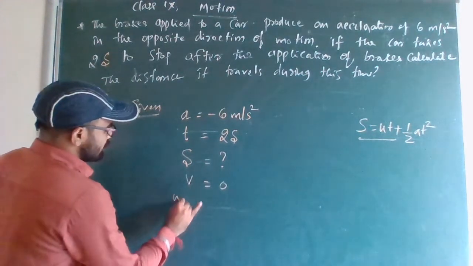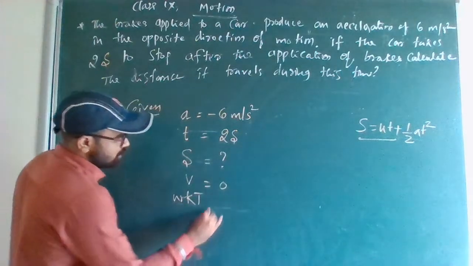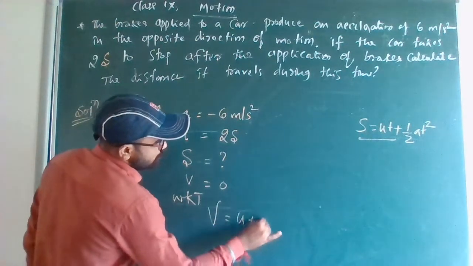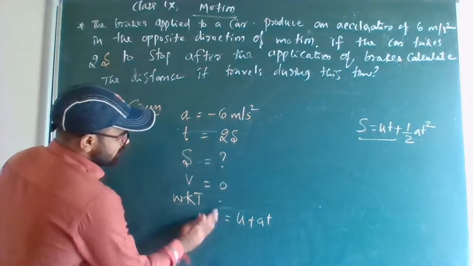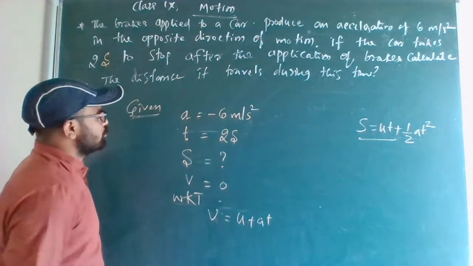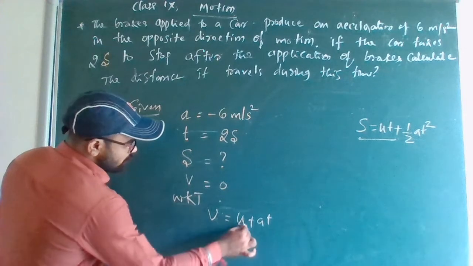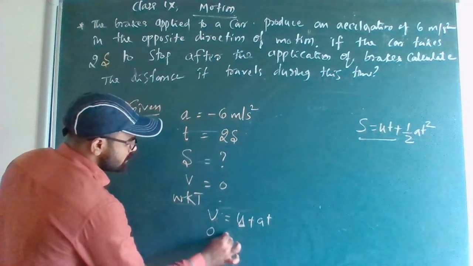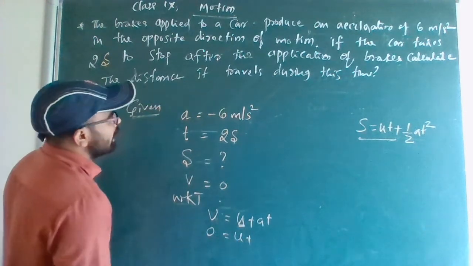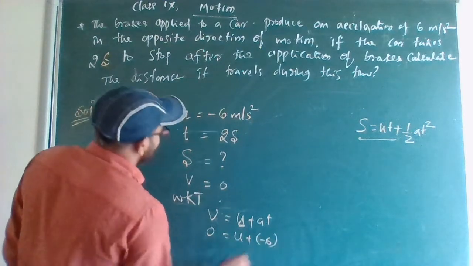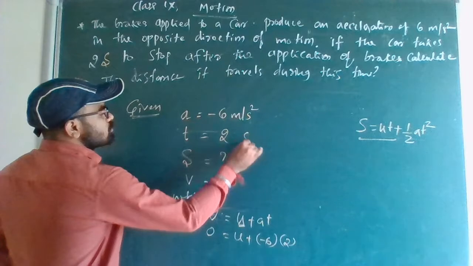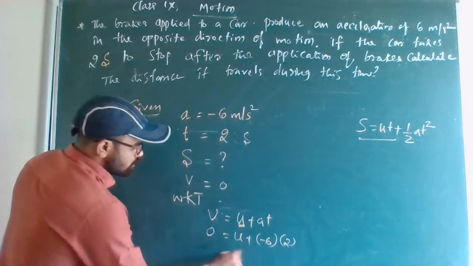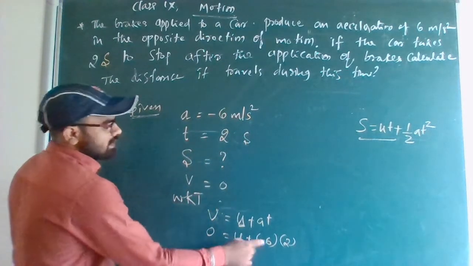So what formula do we know? Small v is equal to u plus at. I have to find u here. So 0 is equal to u plus a, which is minus 6, times t, which is 2 seconds.